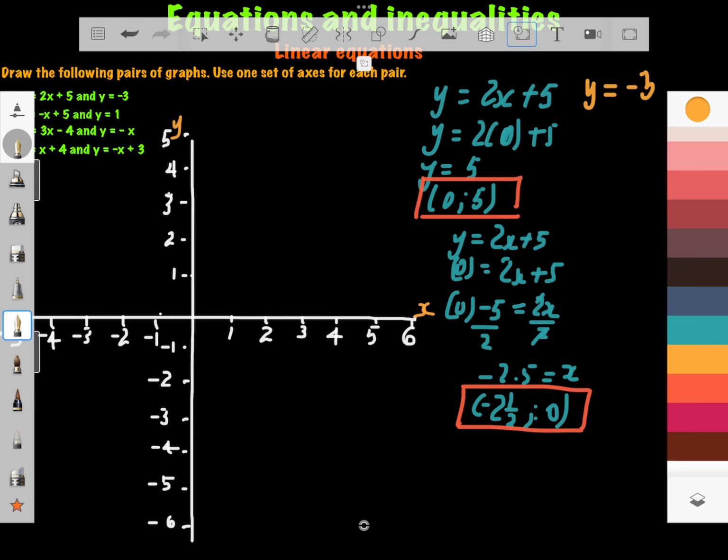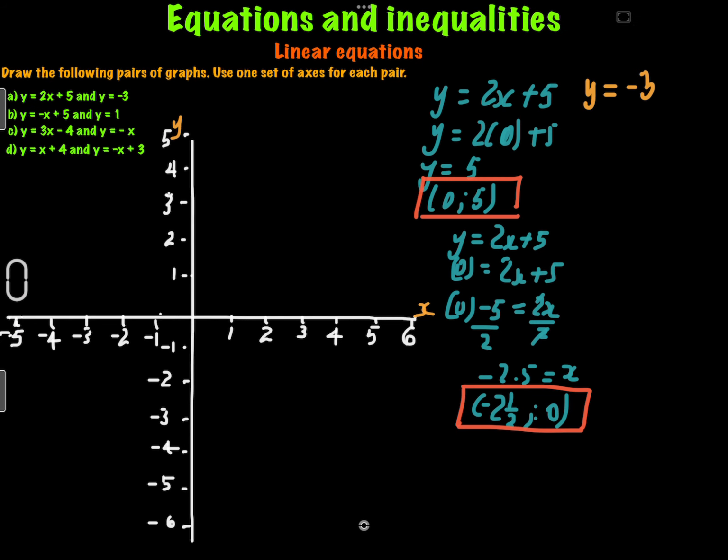Now with construction, we take our instrument, a ruler in this case. We need to identify when x equals 0 and y equals 5. Notice here we have our origin, where x is 0 and y is also 0. So when x is 0, y is 5, so that's the point there.